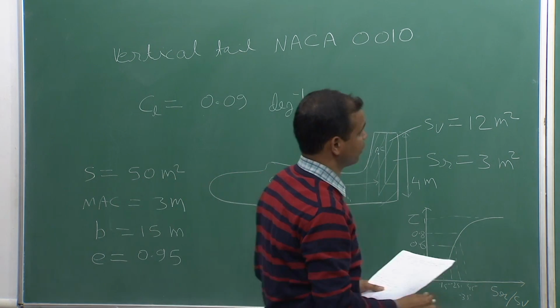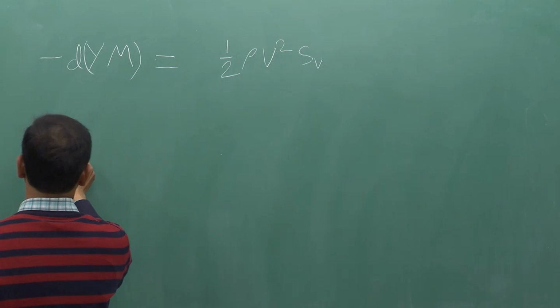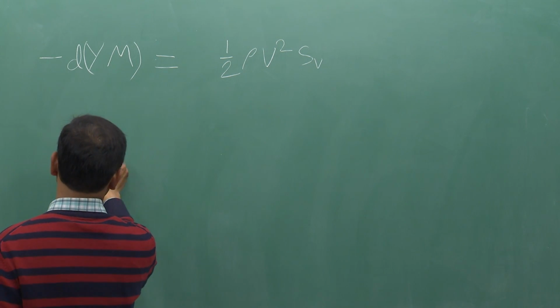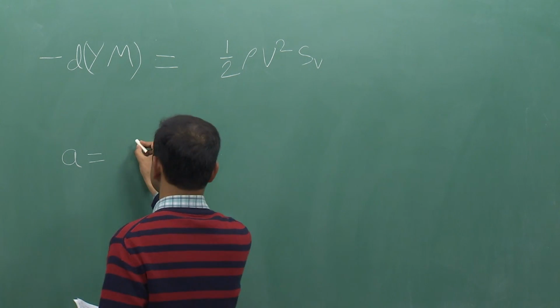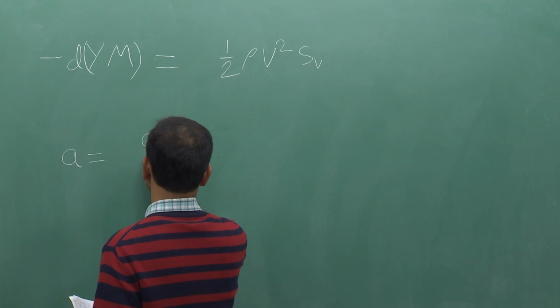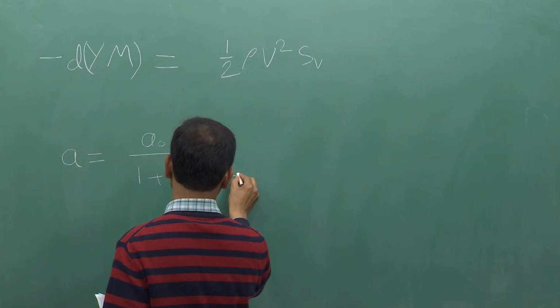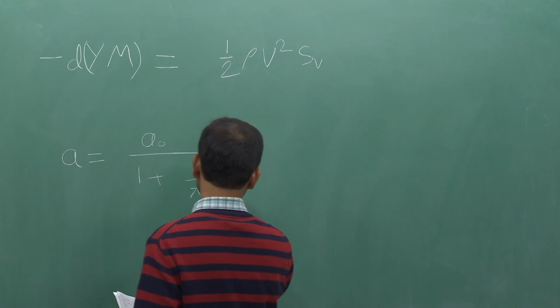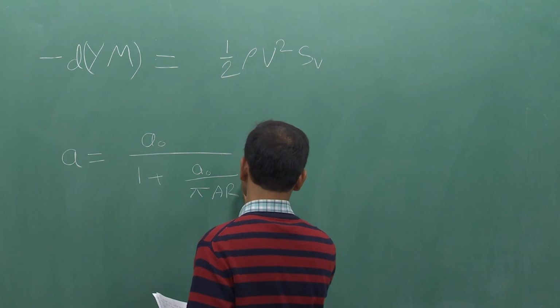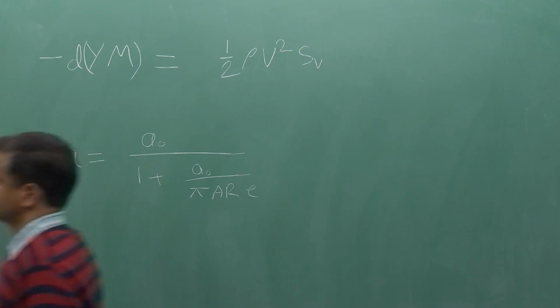Now, we will have to convert it into 3D lift coefficient, and we know this is given by, suppose A is the 3D lift coefficient, then we can write it A naught by 1 plus A naught by pi aspect ratio into E. This is A naught.